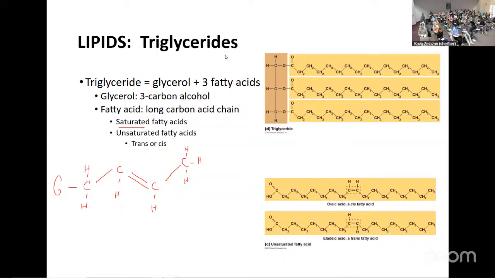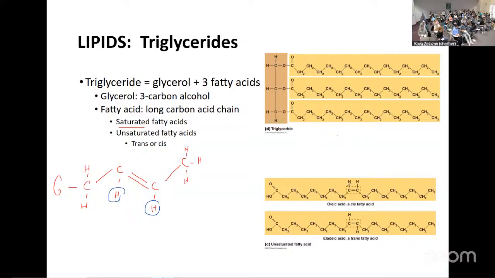And adding one more layer of detail to that, our unsaturated fatty acids come in either trans or cis form. And what that's describing is the position of our remaining hydrogens. So you see on this side, I've left 2 hydrogens on the same side of the chain.